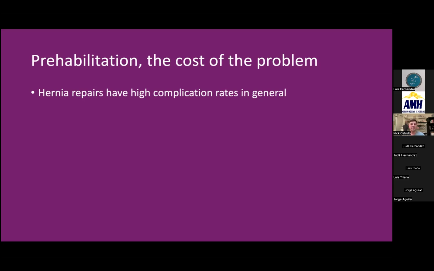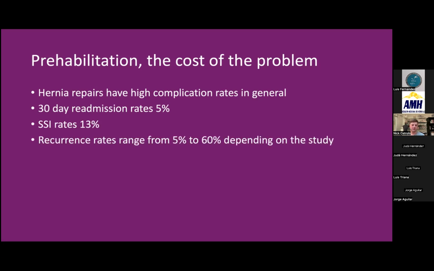So hernia repairs in general have high complication and recurrence rates, with 30-day readmission rates of upwards of 5%, which is pretty high for most general surgery procedures. Surgical site infection incidence rates are 13%, and recurrence rates can range anywhere from 5 to 60% depending on the type of hernia and the study you're reading.